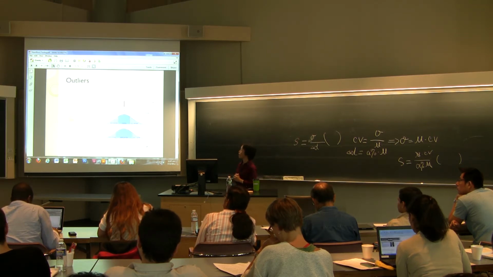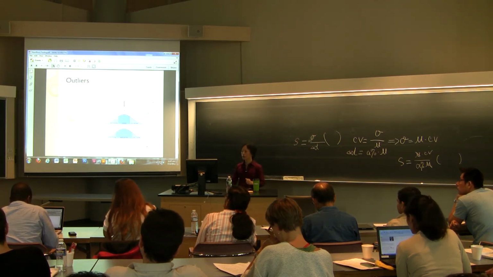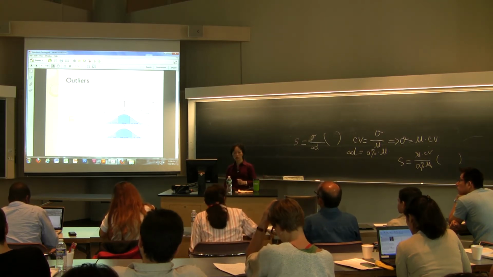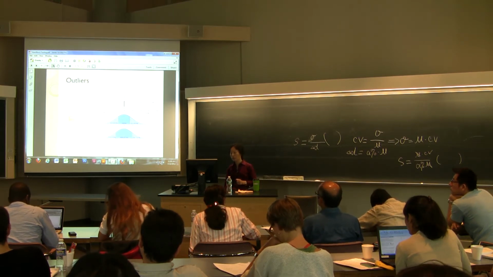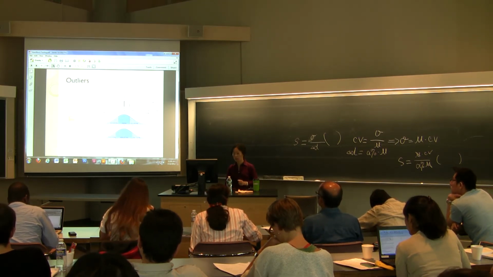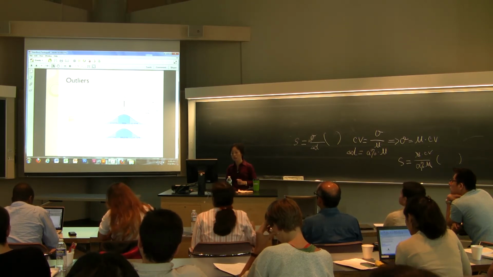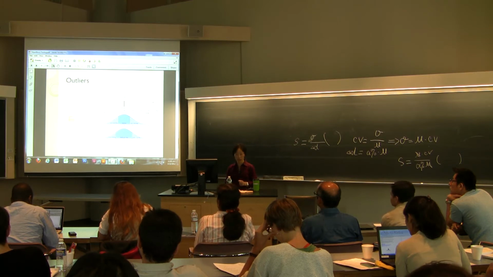Here is how we define outliers. We use a box plot. We get the first quantile and also the third quantile. The distance between the first quantile and the third quantile we call the interquartile range.